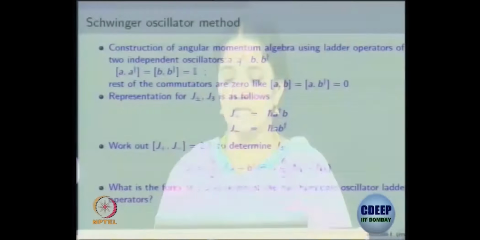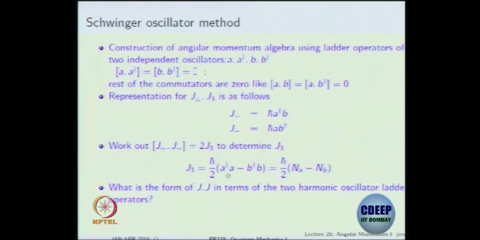If you work it out, it will be the difference between the number operator for the harmonic oscillator given by A, which I call N subscript A, minus the number operator corresponding to the B harmonic oscillator given by the operators B and B dagger. Please verify this.